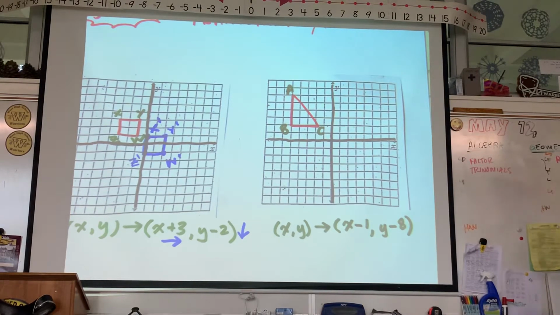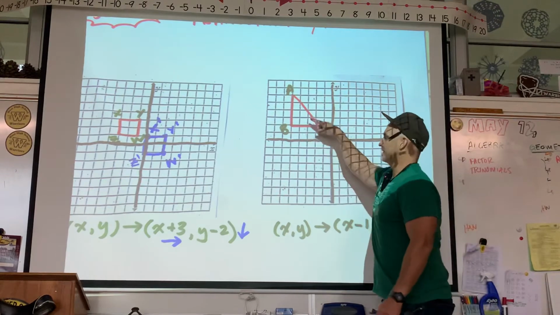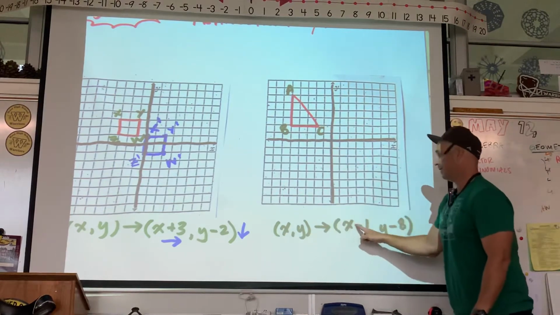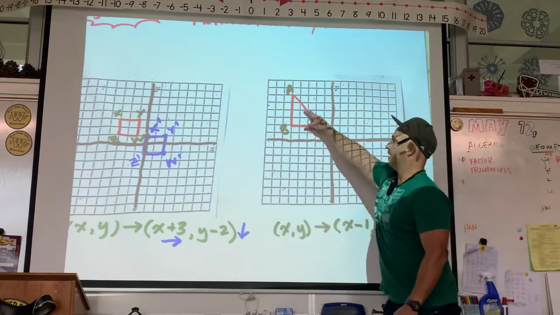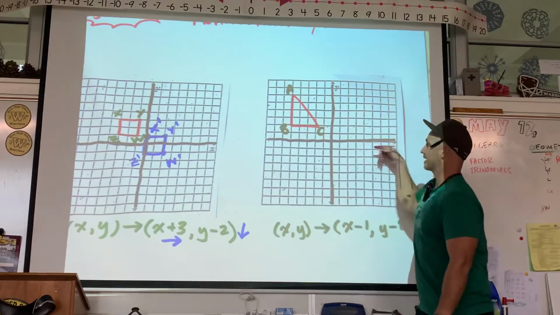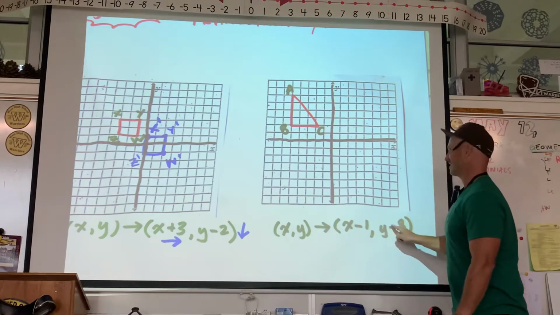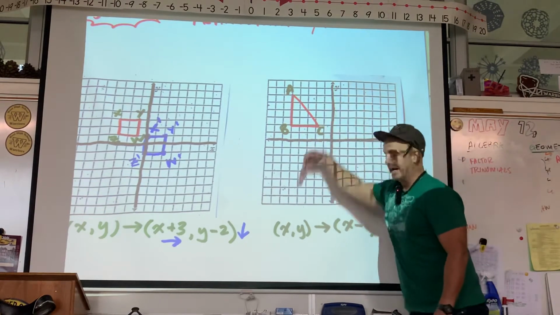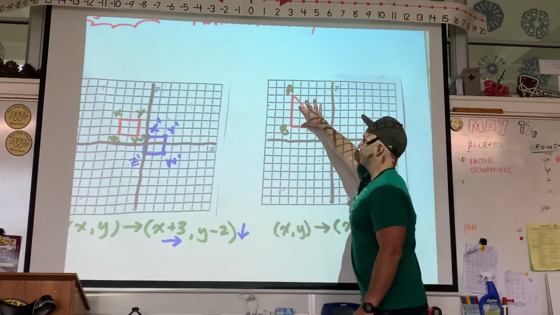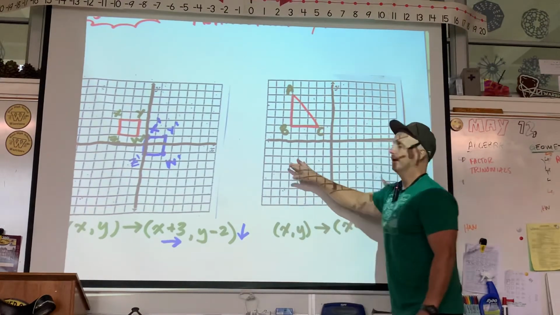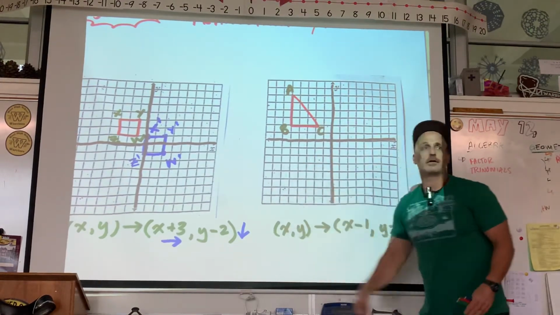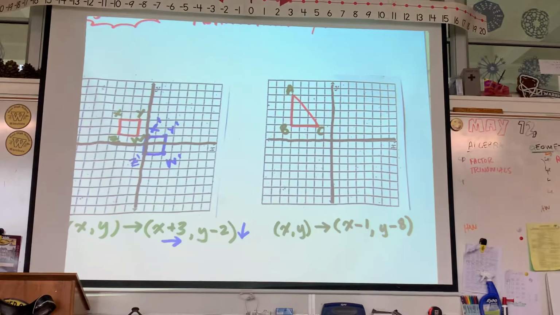So we're going to move this whole triangle, A, B, and C. If it's x minus 1, we're going to move it 1 to the left. Since this is the x-axis, it goes left and right. 1 to the left. And this says y minus 8, down 8. So this whole thing's going to go 1 and then down 8, okay? You can either do it one by one or all together. Here we go.